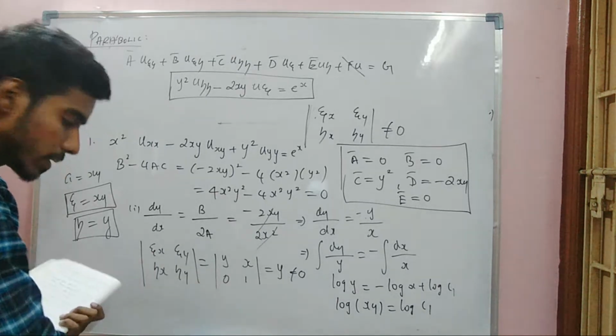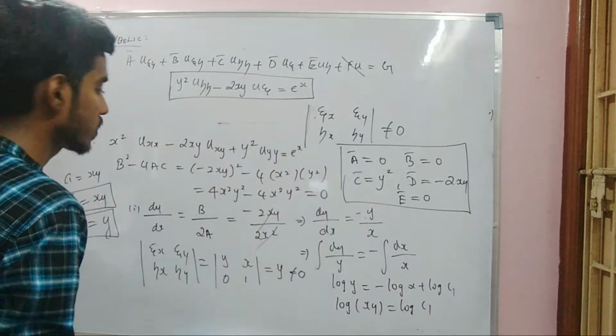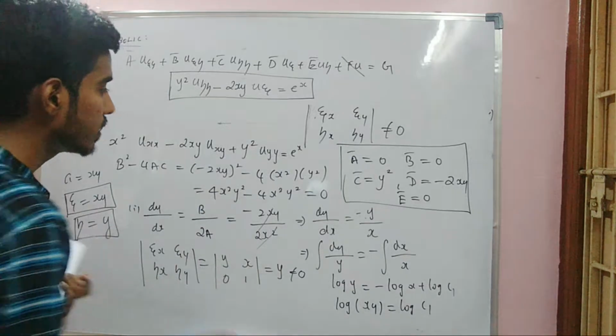So one more problem in parabolic. I'll just find you the characteristics, then you can do any problem from now on. If you find theta and eta, then it is very easy for you.